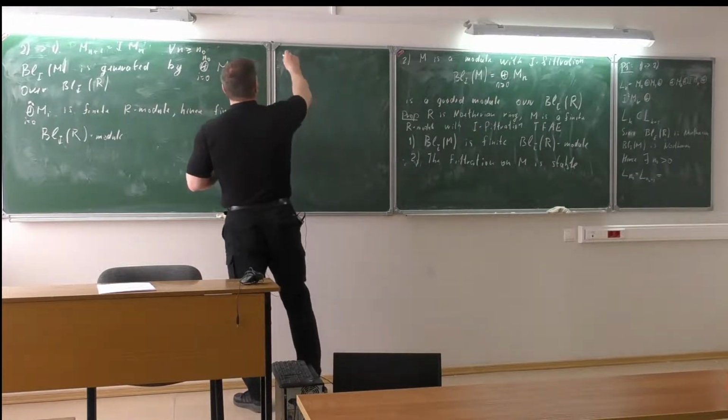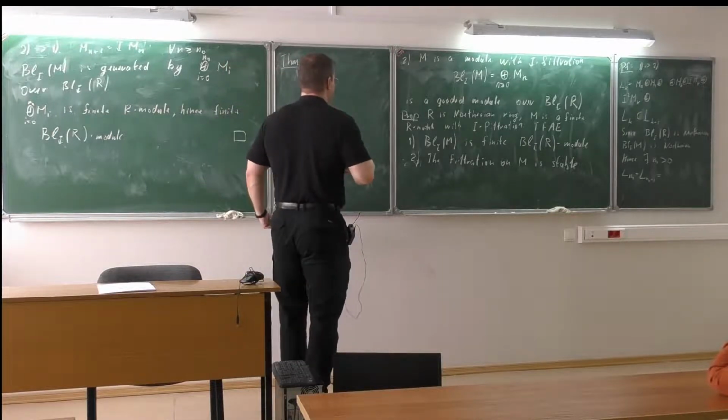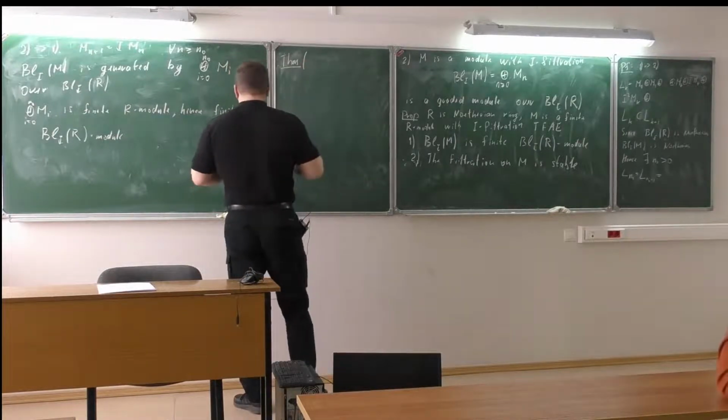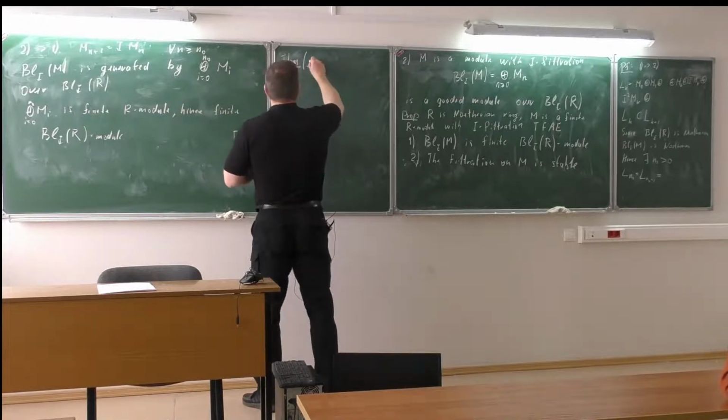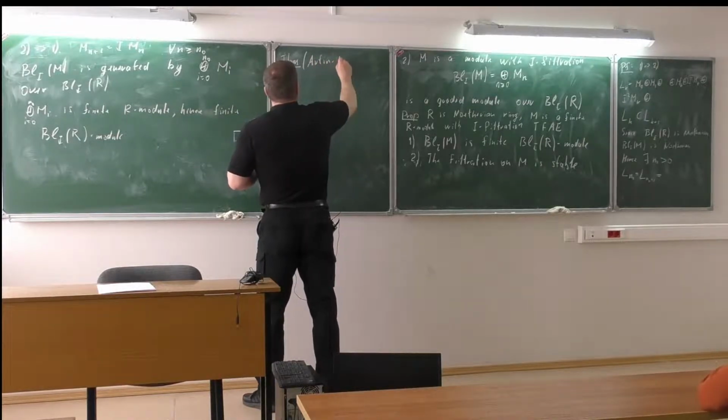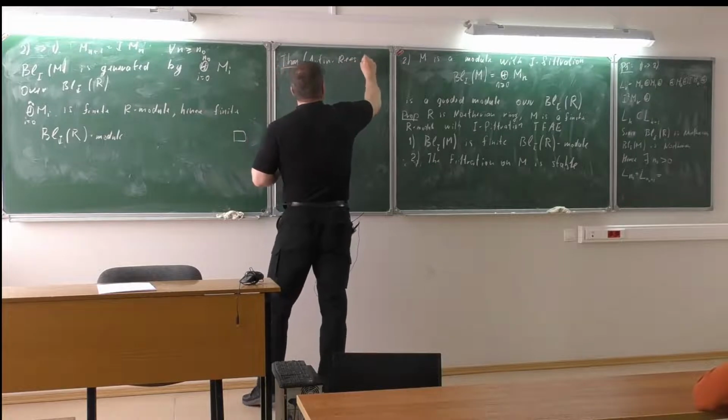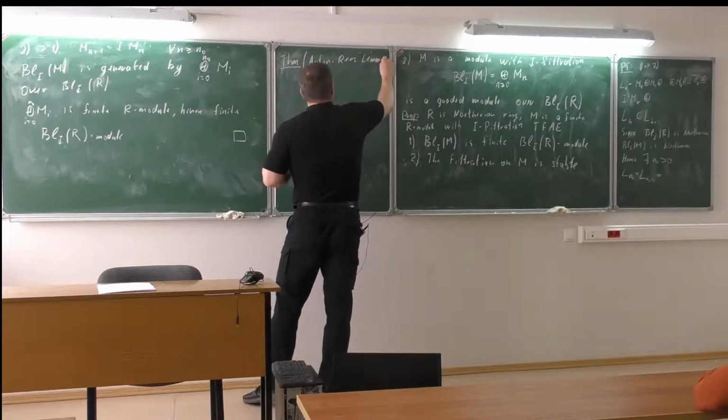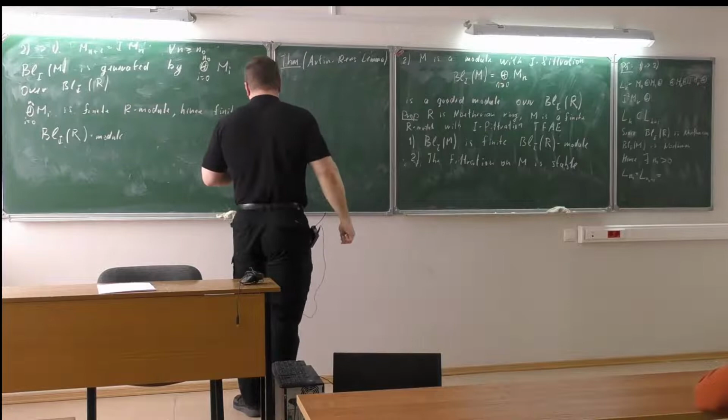So now we have this theorem, but you can as well call it a corollary from this proposition. In the literature, this has a standard name. This is called the Artin-Rees Lemma in the general form.